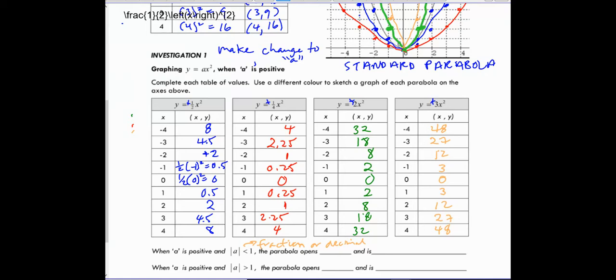So the way we describe this is we say, okay, well, first of all, the fact that it's positive is up. So the parabola opens up, and we say it is vertically compressed.